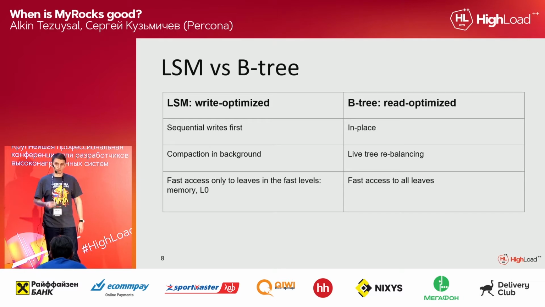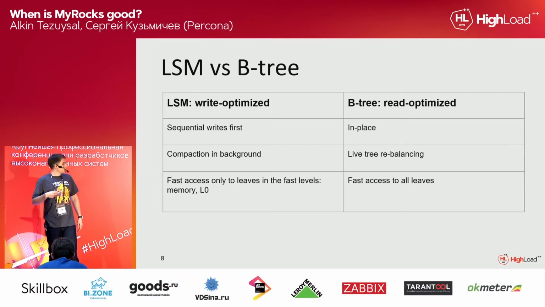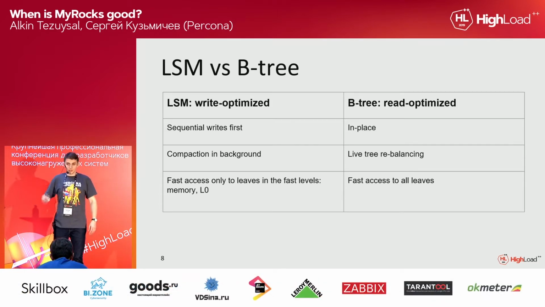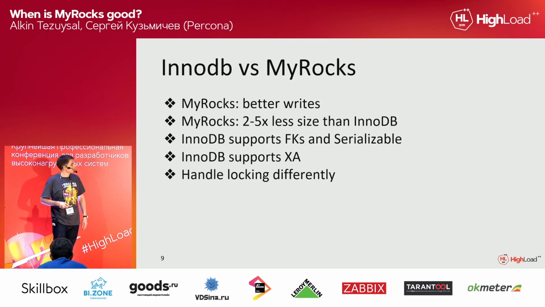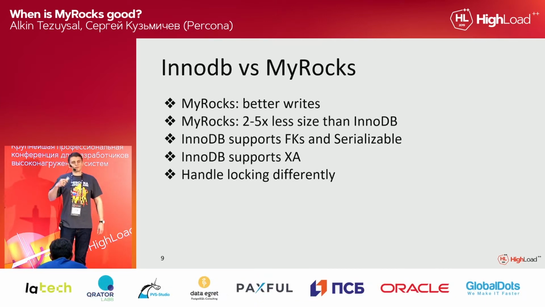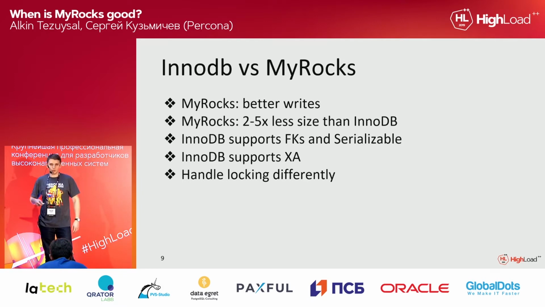That has impact on reads, because the reads will have to read from a lot of files on disk, and from memory. That can be important and critical, and we will talk about that a bit. So you cannot talk about storage engines in MySQL and not talk about InnoDB and not compare with that.